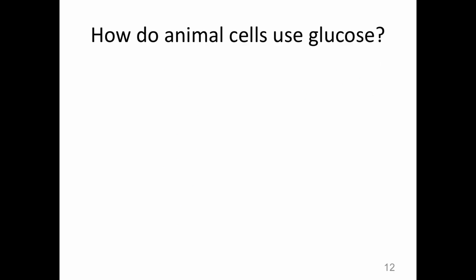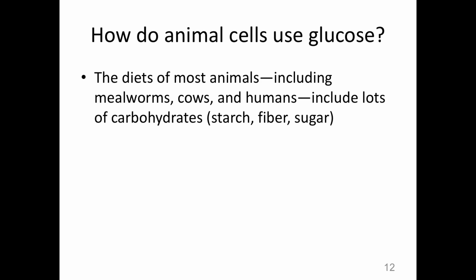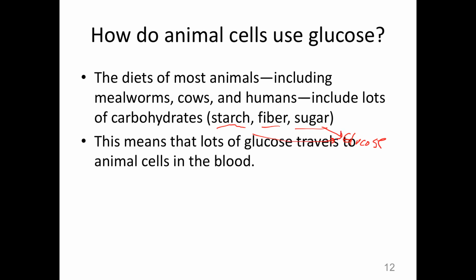How do animal cells use glucose? That's important to understand. The diets of most animals, including mealworms, cows, and humans, include lots of carbohydrates, which include starch, fiber, and sugar. Those are all good sources of glucose. All those things can be broken down into glucose if you have the ability to do that. We can't break down fiber, but we can take starch and sugar and break those things down into glucose.